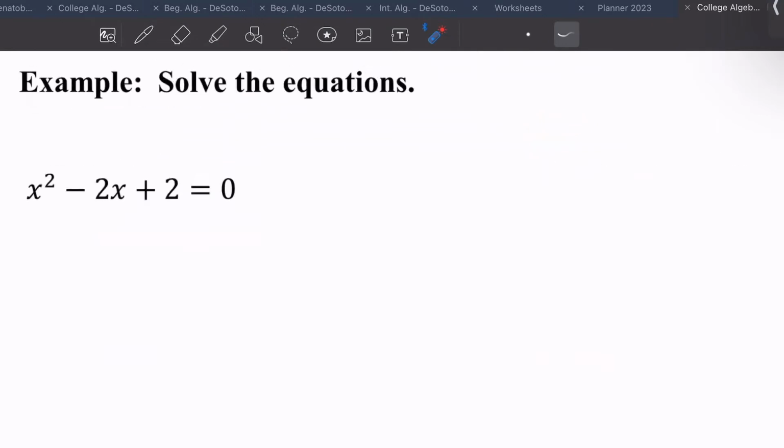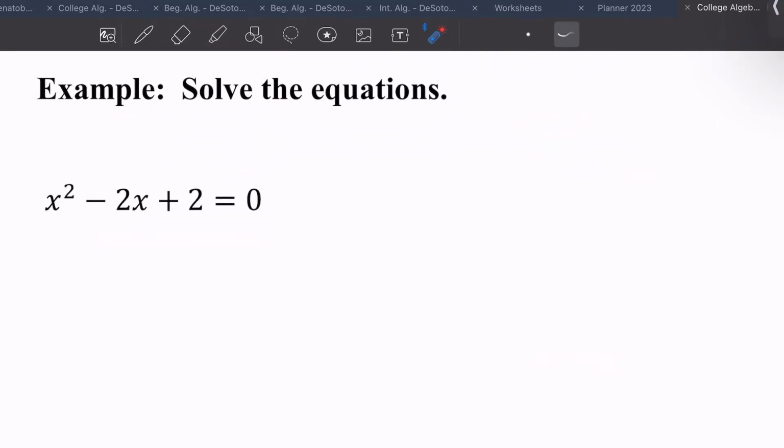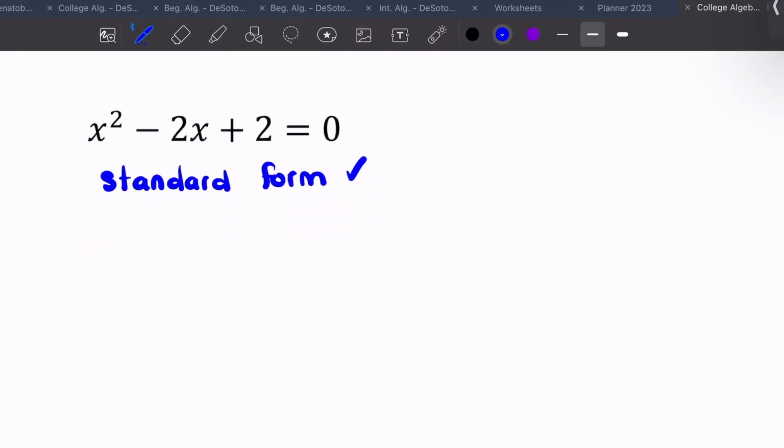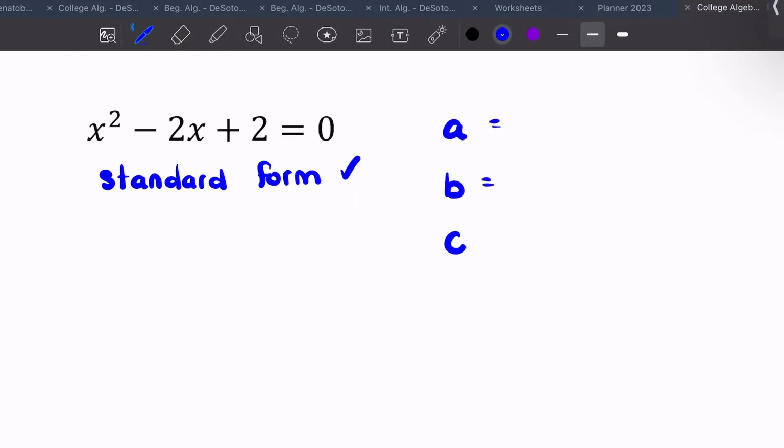So let's do a few examples. All right, so x squared minus 2x plus 2 equals 0. It needs to be in standard form, so that means equal to 0, and you have ax squared plus bx plus c, so we're okay. Standard form, check. All right, and we have a, b, and c that we need to identify because those are the letters that are in our formula.